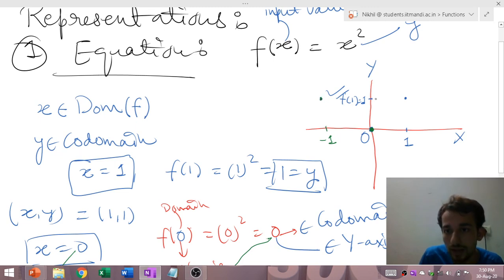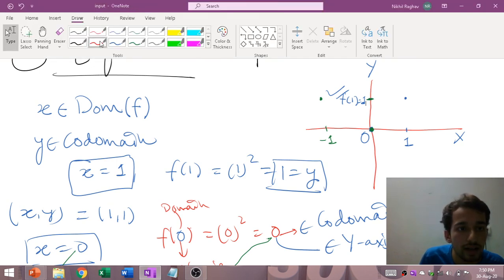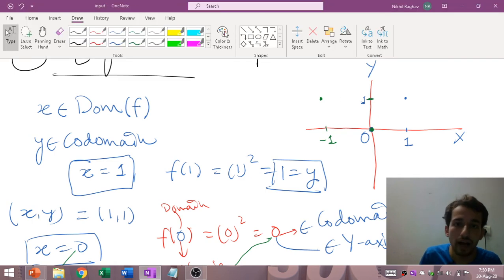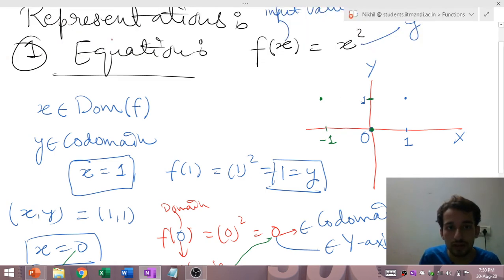Let me rub this, because you cannot fix f of 1, because if you have just observed here, the same height you have assigned to minus 1 also. So the height which you are getting is the same throughout. This value will be the same in both cases.